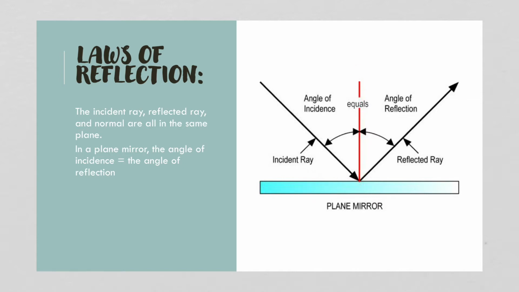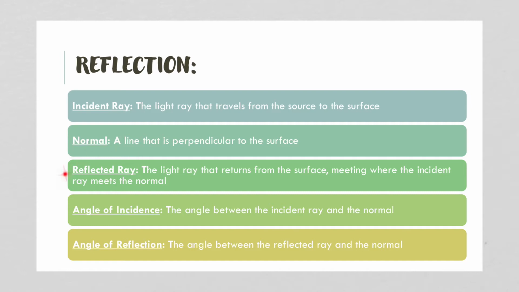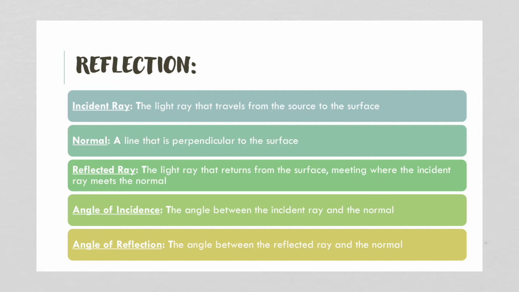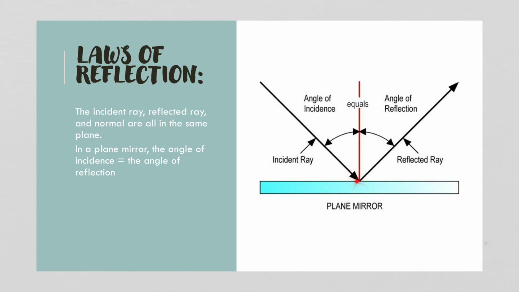The next term is the reflected ray. The reflected ray is this one here. It's the ray that bounces off after it's hit the mirror. It's the light ray that returns from the surface, and it meets where the incident ray meets the normal. So the incident ray goes here, hits there, we draw the normal at a 90-degree angle, and this one bounces off.